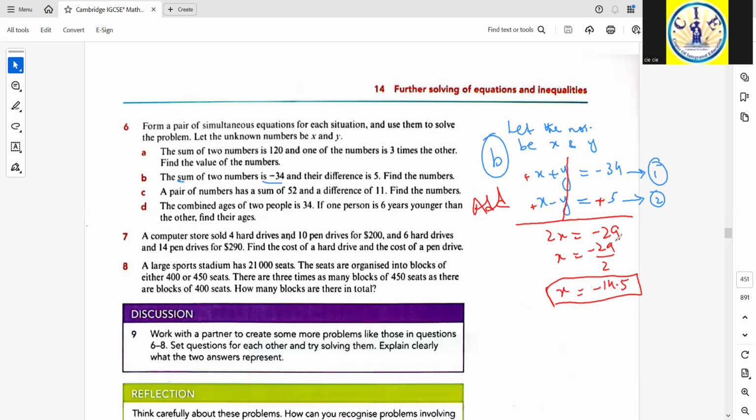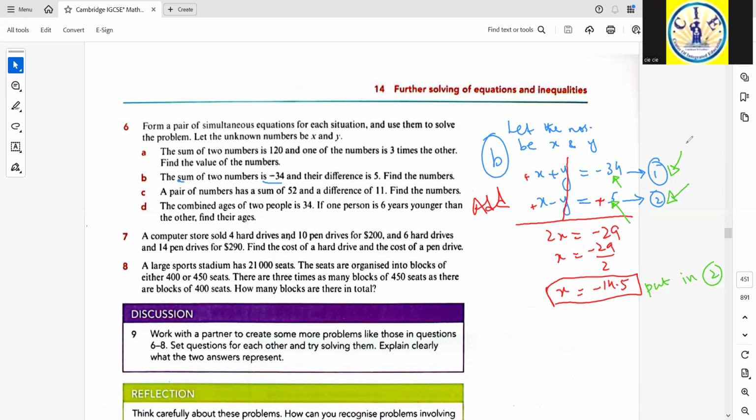Now we can replace this value in either of the two equations, either in equation number 1 or in equation number 2. I'm going to replace it in equation number 2 because I can see that the constant term of equation number 2 is 5, which, without considering the sign, is lesser than 34.